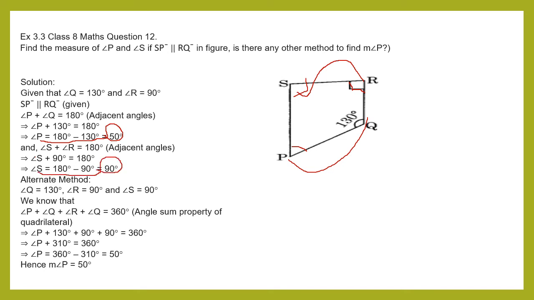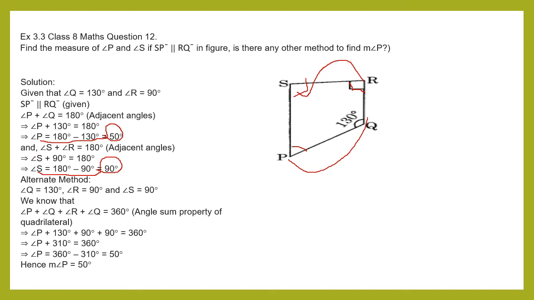So the same thing they asked in the question: to find the measure of angle P and the measure of angle S. Here the measure of angle P is 50 degrees and the measure of angle S is 90 degrees. Then they asked, is there any other method to find the value of P? Yes, there is another method.